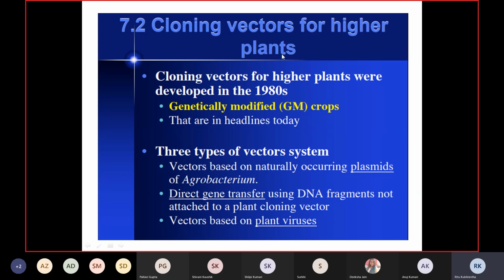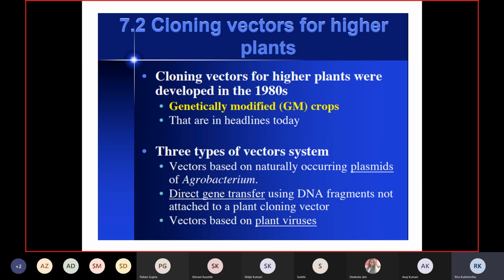Why do you want to clone in plants? Various purposes. You want to make a transgenic plant, a drought resistant plant, a plant more beautiful by transferring a gene, or a plant more nutritious in nature.